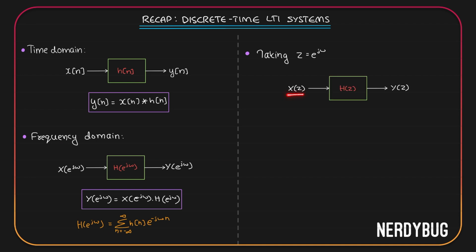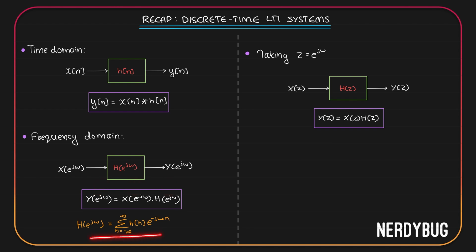Input will be X of z, output will be Y of z, and the system response will be H of z. In this case, we can write Y of z is the product of X of z and H of z. We got this simply by changing e raised to j omega in this equation into z.